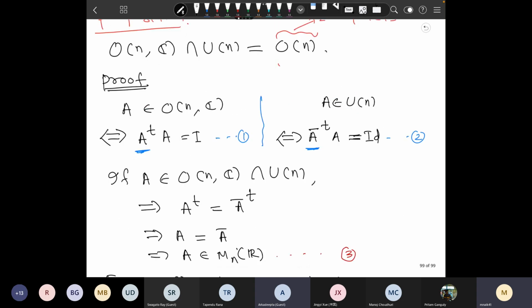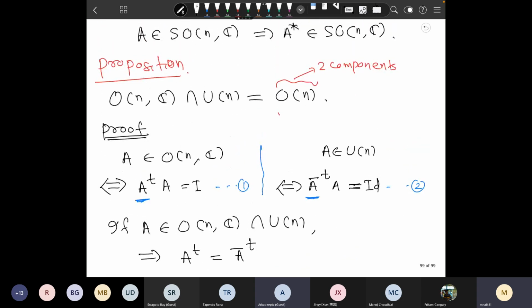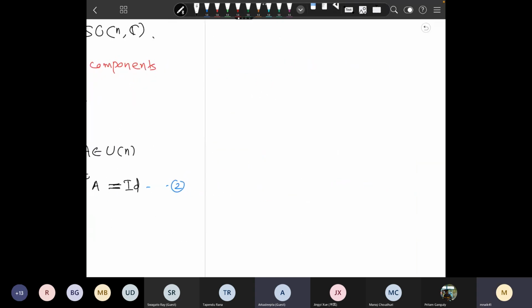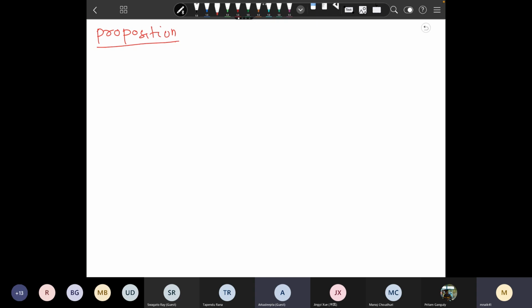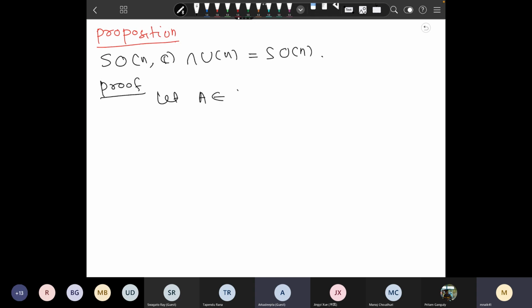My previous proposition. Now the second proposition: SONC intersection UN is SO N, and this is a very similar thing. Let A belong to SONC intersection UN.